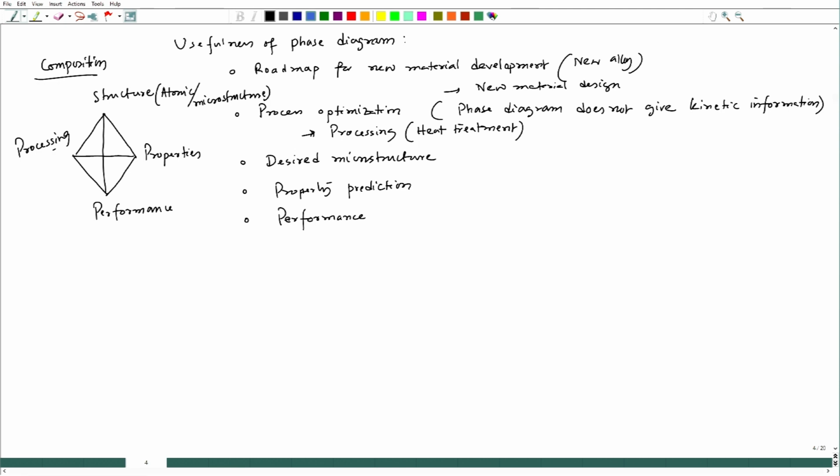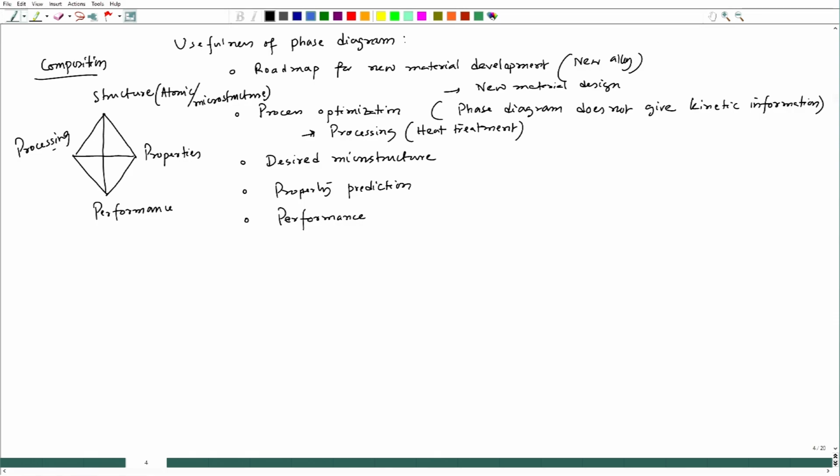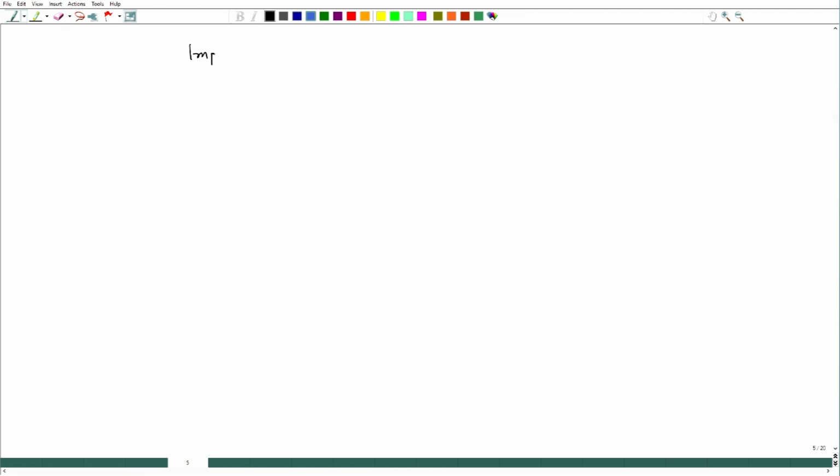To understand a phase diagram, we have to understand thermodynamics, and to understand thermodynamics, we also need to understand some of the parameters or laws on which thermodynamics is constructed. So, let us look at some of the important thermodynamic terms before we get to thermodynamic concepts or the laws.